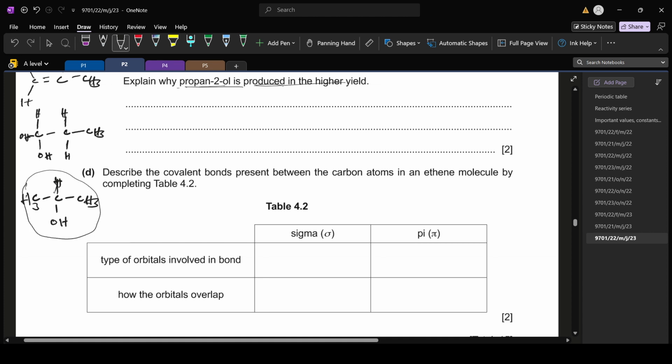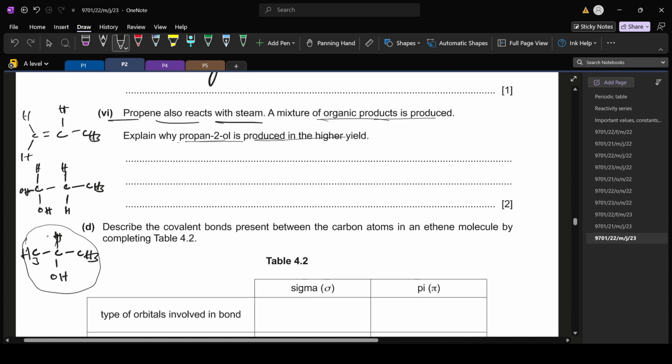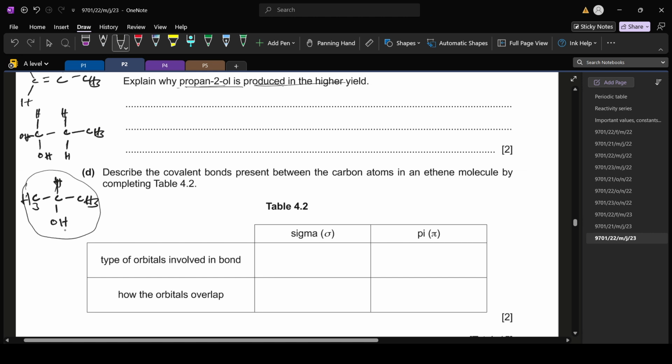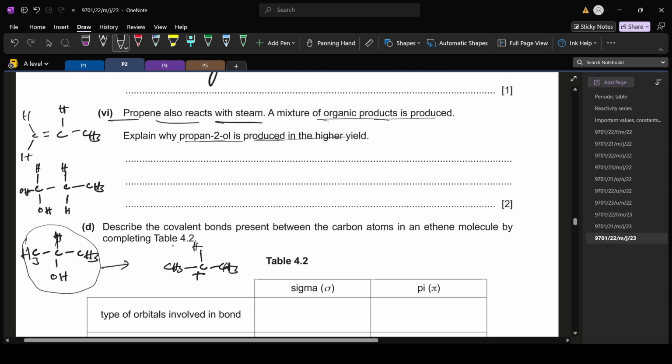But this propan-2-ol will be in higher concentration because it will form a secondary carbocation, CH3CH+CH3. This carbocation is more stable. This is a secondary carbocation, and it is more stable than the primary carbocation.